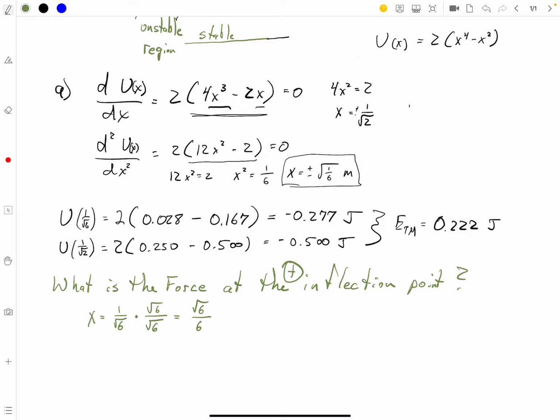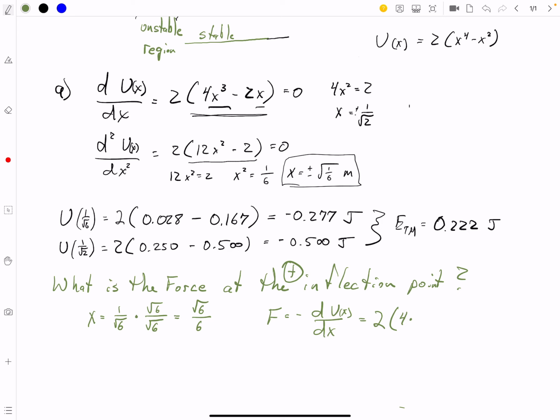Let's do, what is that force? We know what du dx is. So if the force is equal to minus du dx, then we can just write down, it's 2 times 4, and then we're going to multiply that 4 times 1 over square root of 6 cubed.